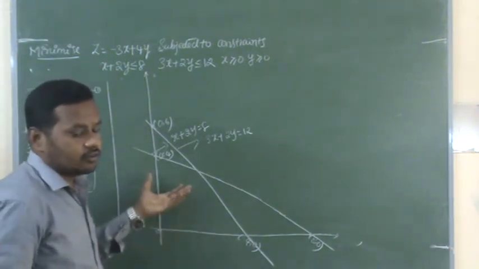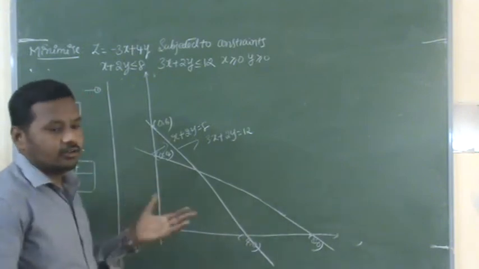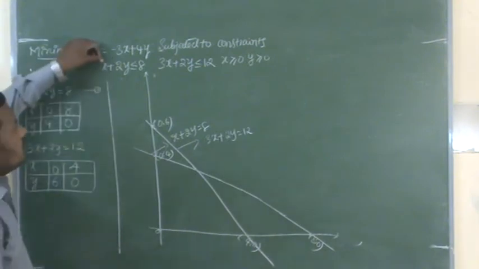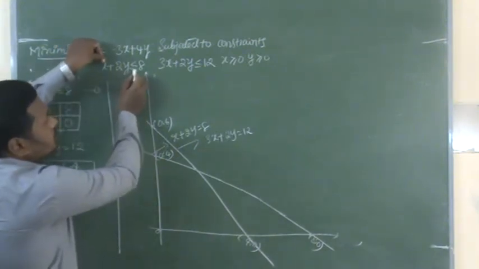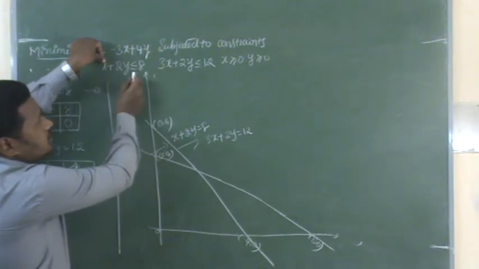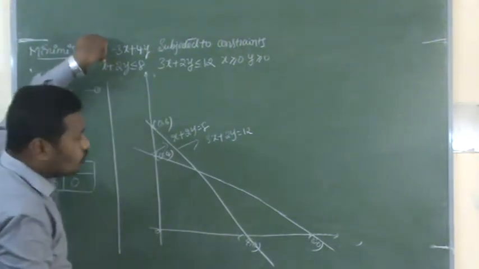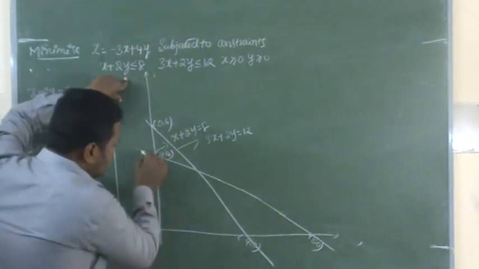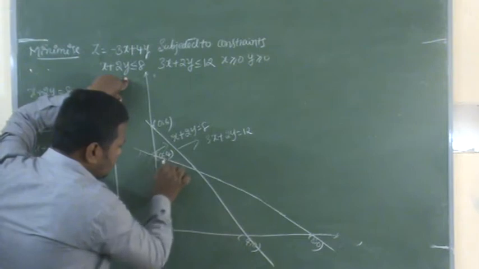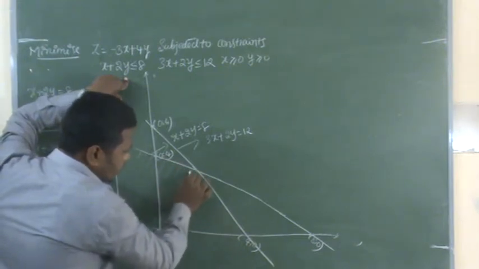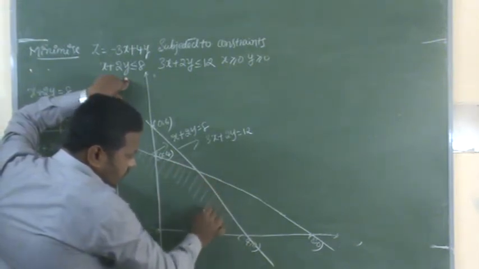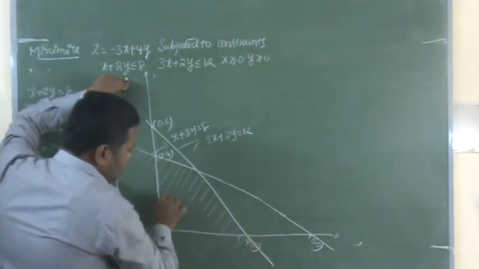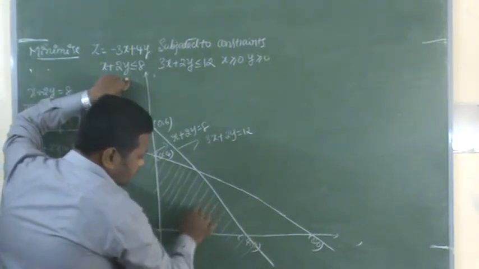Next we have to find the feasible region. For the first equation, x plus 2y less than or equal to 8, putting 0, 0 is less than or equal to 8, which is true. True means the shaded part is towards the origin side.